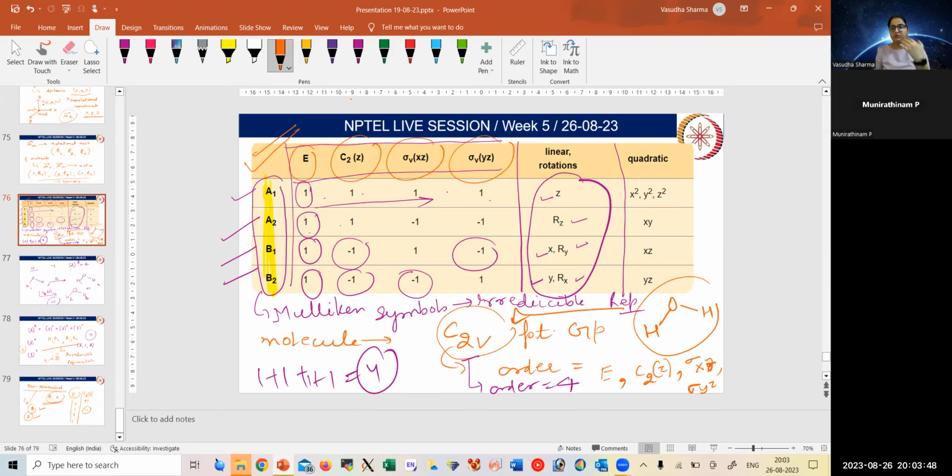But which one is A and which one is B, we can only define when we see the C2Z. Now see the symbol. It is +1, that's where the symbol is A. It is +1, A. Here it is -1, it's B, -1, B. Up to this point, is it clear? Then how did we come to A or B, and how do we define A and B?